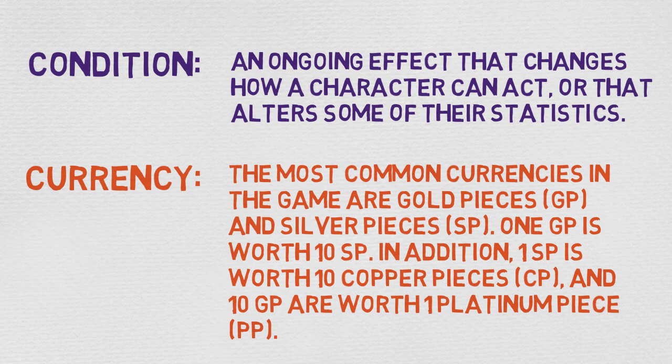And 10 gold pieces are worth 1 platinum, or PP, so it goes platinum, gold, silver, copper, much like most media, right? So, pretty easy. It's all 1 to 10 conversion, so pretty easy to bear in mind. And once again, most people would already assume that, but, you know, for the newer players, makes sense.